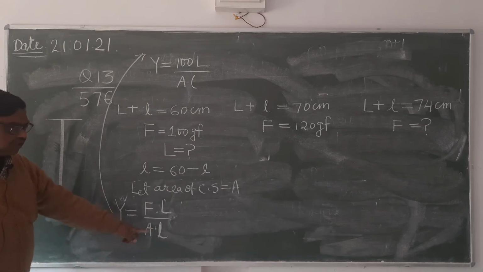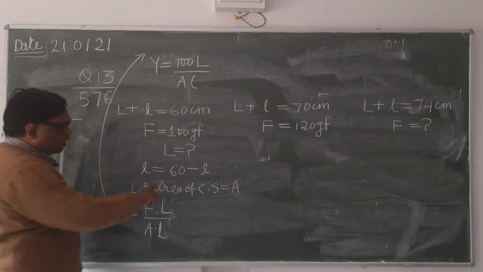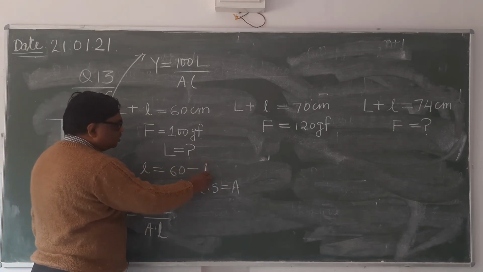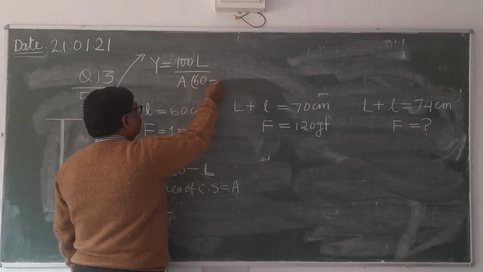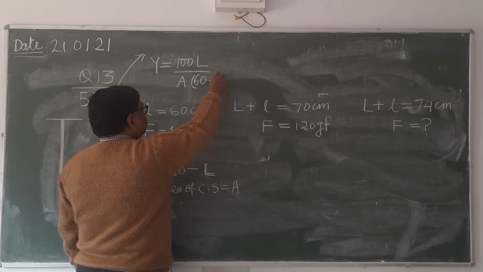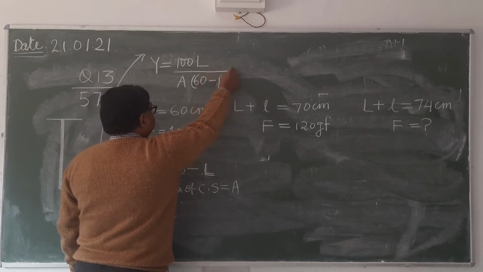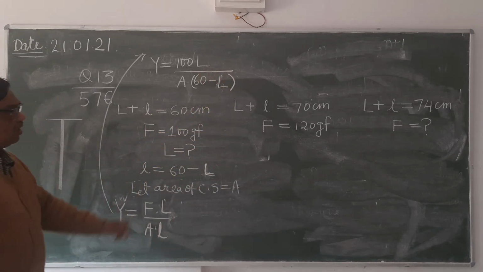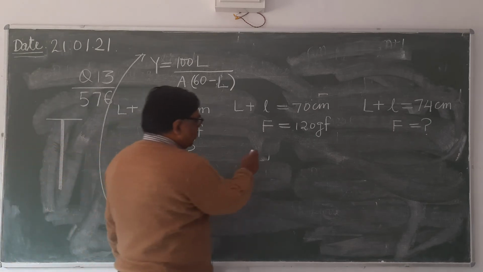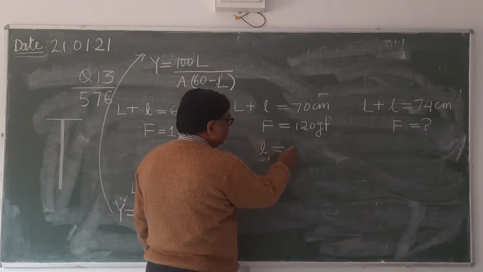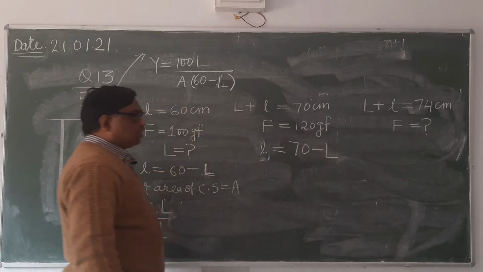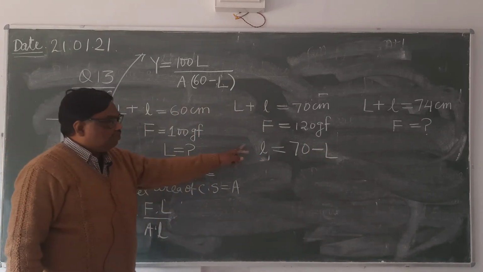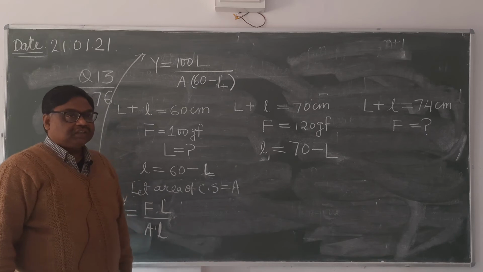What will be small l here? 60 minus capital L. Now similarly here, what will be the capital L, small l? It will be 70 minus capital L. Small l will be equal to 70 minus capital L.